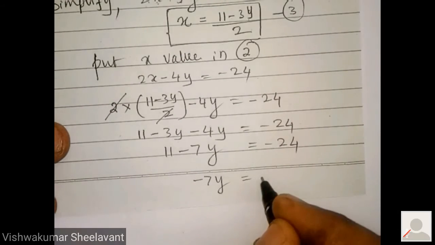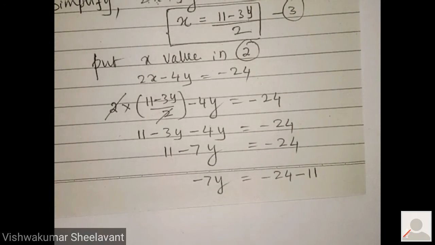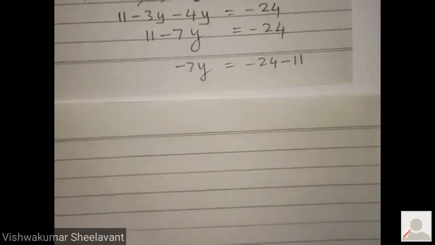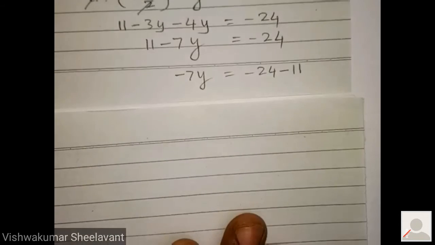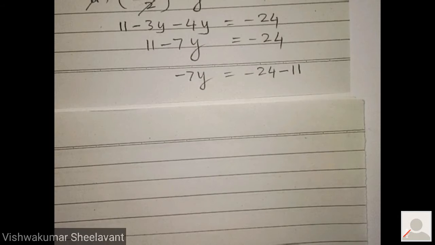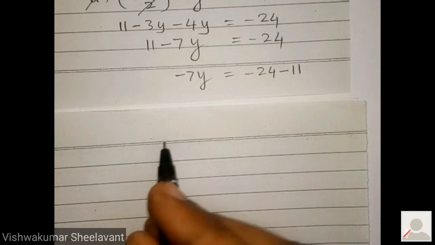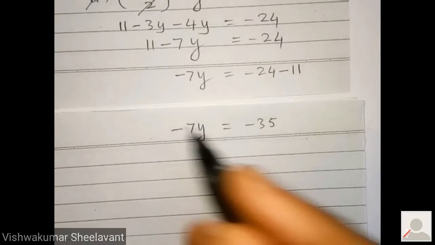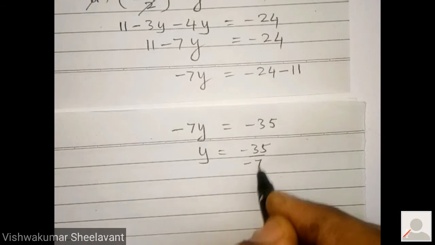Minus 7y equal to minus 24 minus 11. Next, minus 7y equal to minus 35. y equal to minus 35 by minus 7.